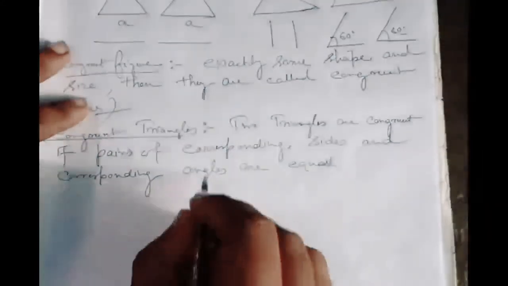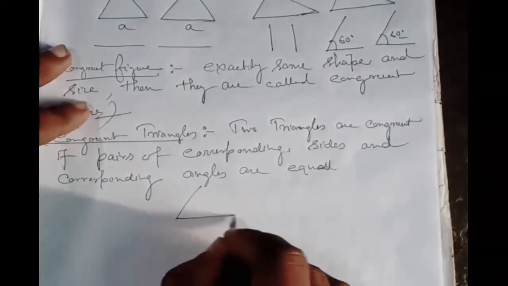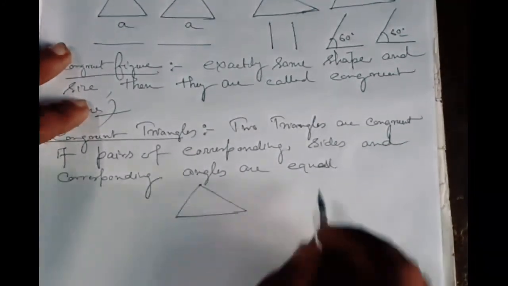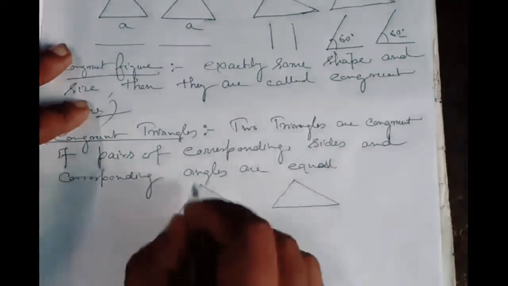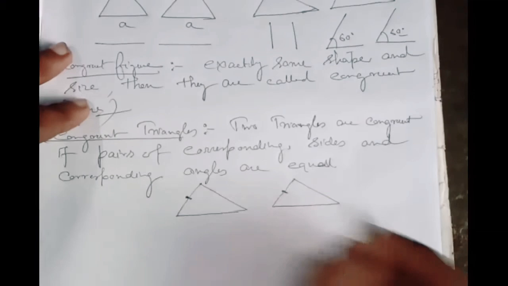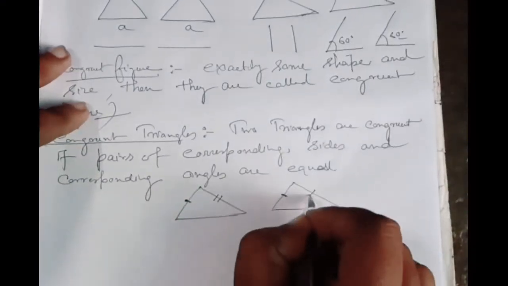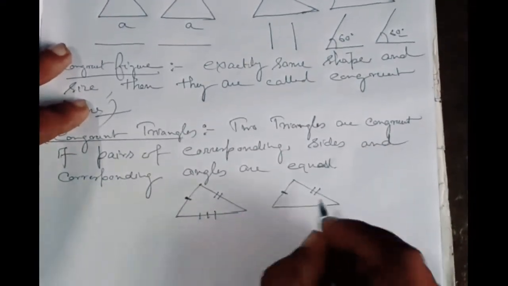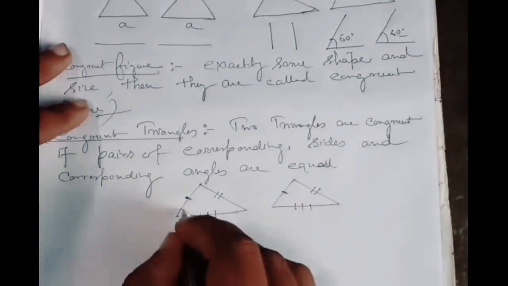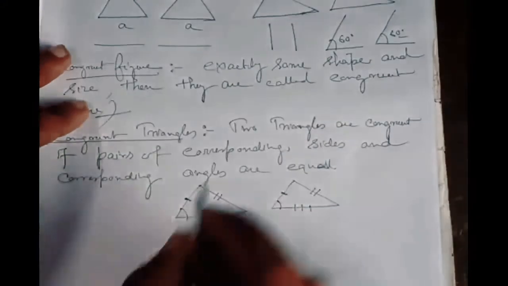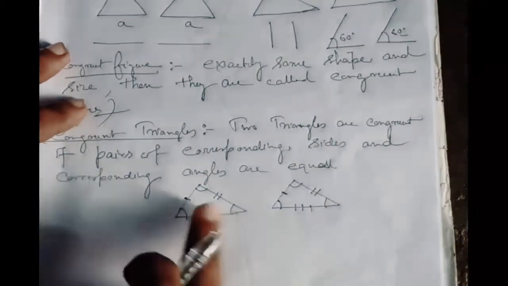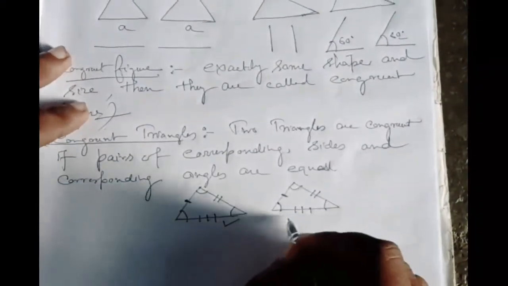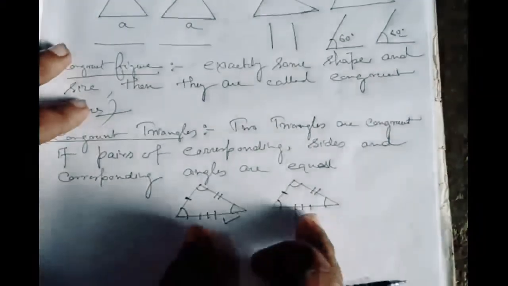Means if we take two figures, suppose this is one triangle, this is another triangle. So this side will be equal to this side, this side equal to this side, and this side equal to this side, and this angle will be equal to this angle, this angle equal to this angle, and this angle equal to this angle. So we can say that these two figures, triangle 1 and triangle 2, are congruent triangles.